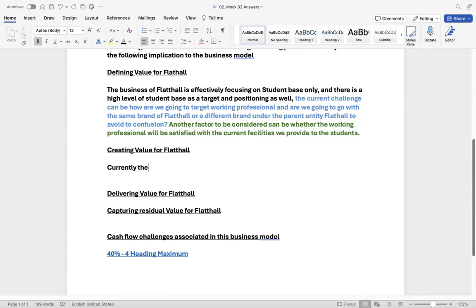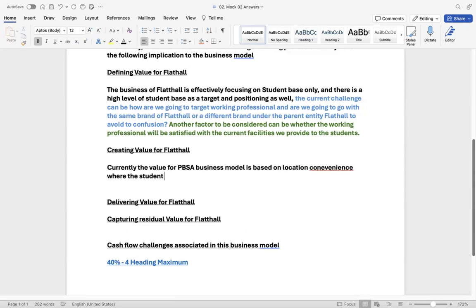Currently, the value for the PBSA business model is based on location convenience, where the students can visit their universities within how many minutes, students? 20 minutes, correct? So this is a small critical success factor they effectively have.